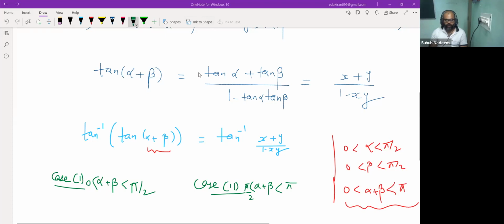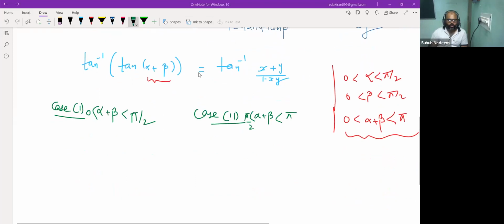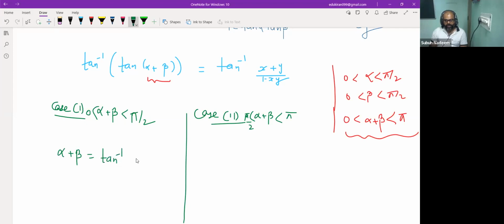Yes, sir. Okay. Now, if it is 0 to pi by 2, then in that case tan inverse and tan will be straightforwardly cancelled, and we will say that alpha plus beta is equal to tan inverse of x plus y by 1 minus xy.